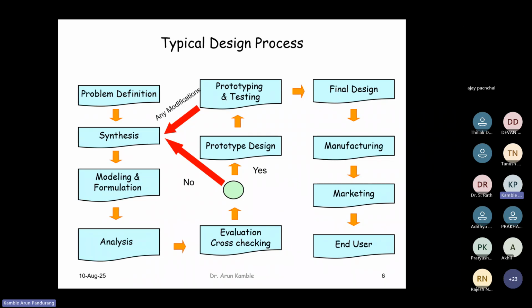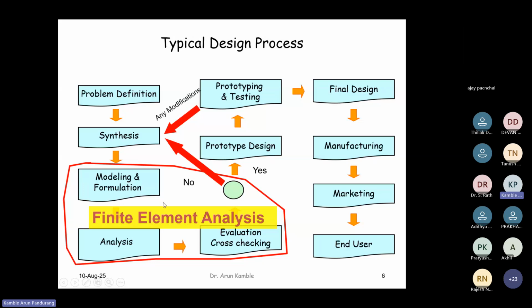So this is a typical design procedure we follow in industries. In this typical design process, modeling and formulation, analysis, and evaluation and cross-checking are related to finite element analysis.